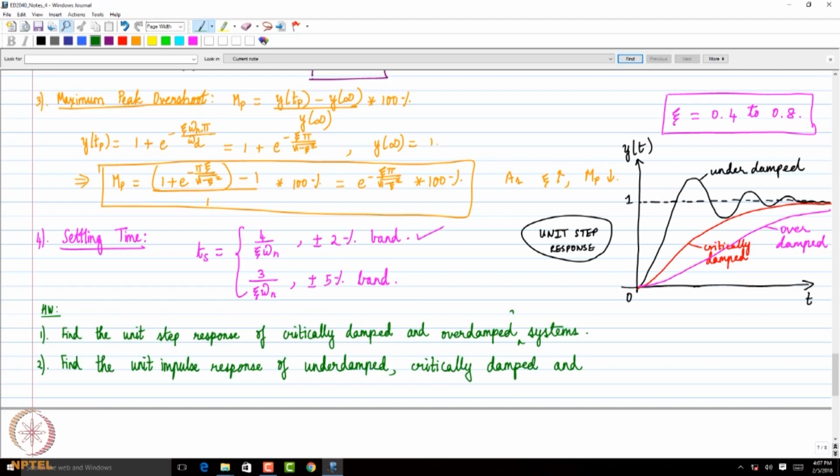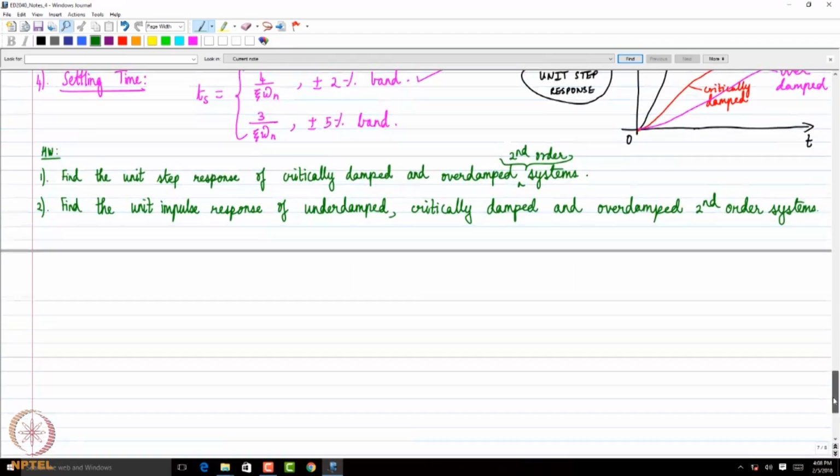Of course, it goes without saying that we are dealing with second order systems. So that's what I want you to do. Please do these two exercises.